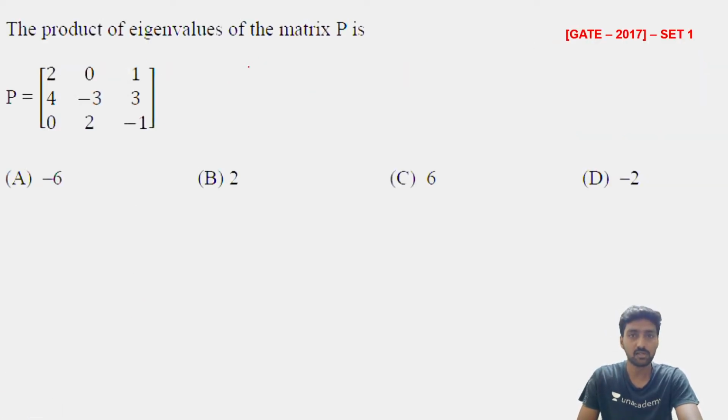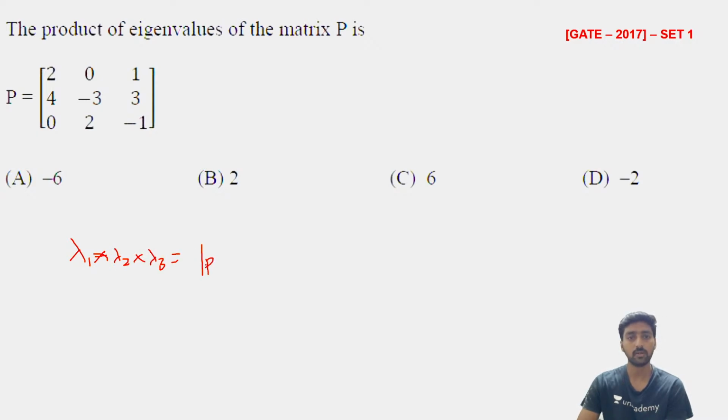Product of the eigenvalues of the matrix. What will be the product of the eigenvalues of the matrix? So what kind of things can we utilize here? Product of the eigenvalues of the matrix P, I will show you, P is equal to [2 0 1; 4 -3 3; 0 2 1]. Product means there are 3 eigenvalues, lambda 1 into lambda 2 into lambda 3.